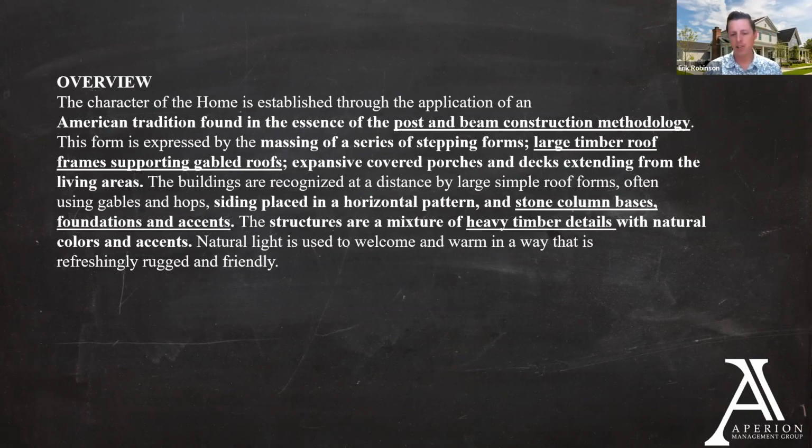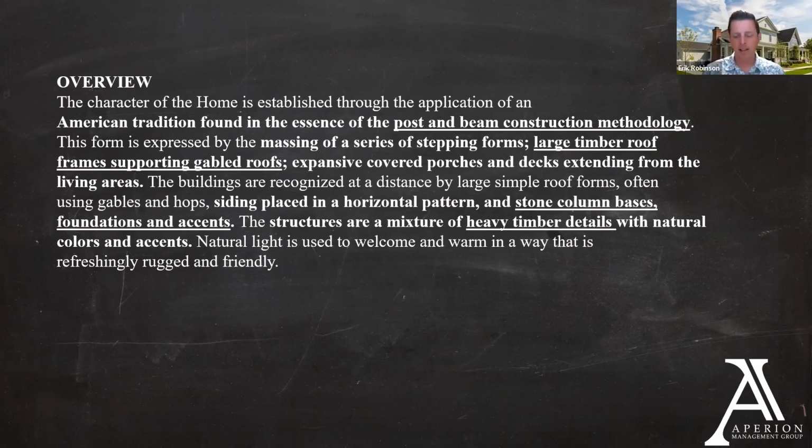Now, even though that language in those guidelines doesn't really give you anything specific, it doesn't say what kinds of stone you need to use, it doesn't say how much of these elements needs to be present, I feel like you can read that section and you can see in your mind kind of what that home and that community is going for, but it gives people enough flexibility as well to make something unique and to make it their own.